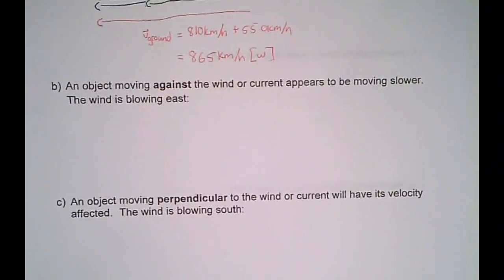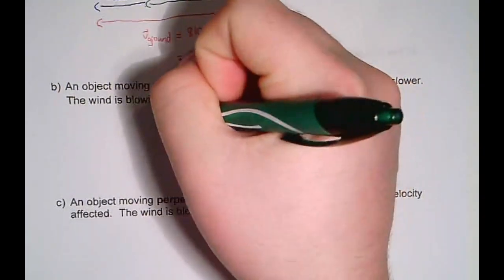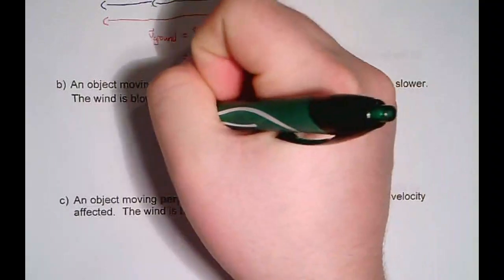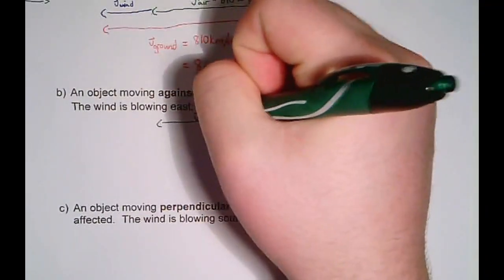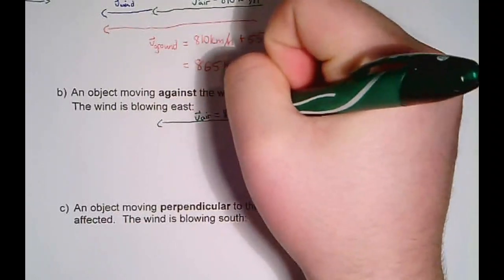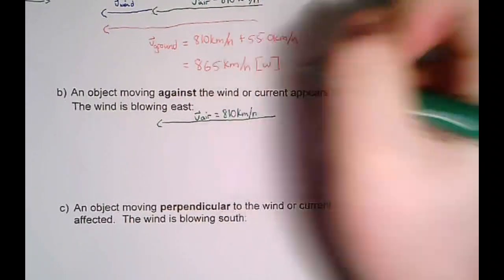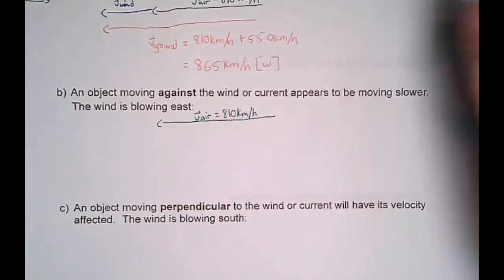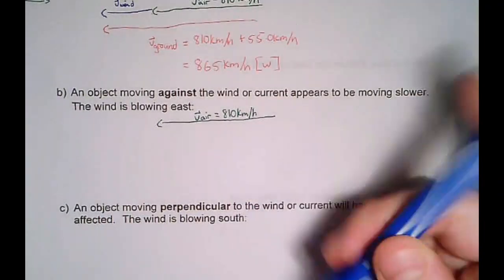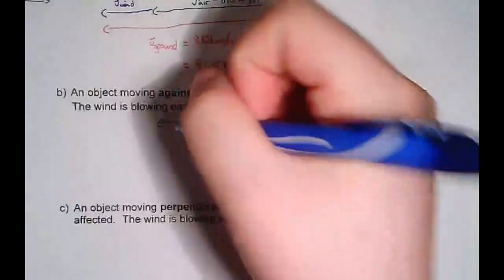This time, the object is moving against the wind. So again, we're always going to have our air velocity heading to the west at 810 kilometers per hour. This time, however, we are moving against the wind. The wind is blowing east.